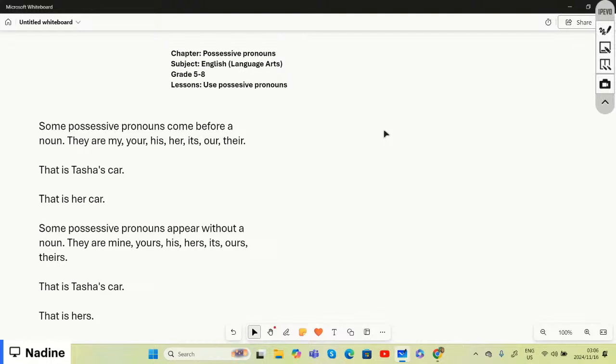All right, so some possessive pronouns, right? They come before a noun. So some possessive pronouns, they come before a noun.